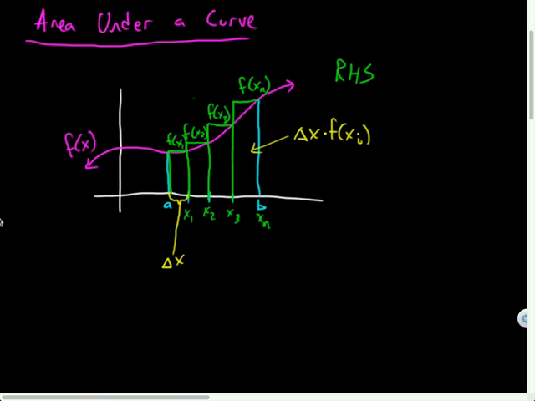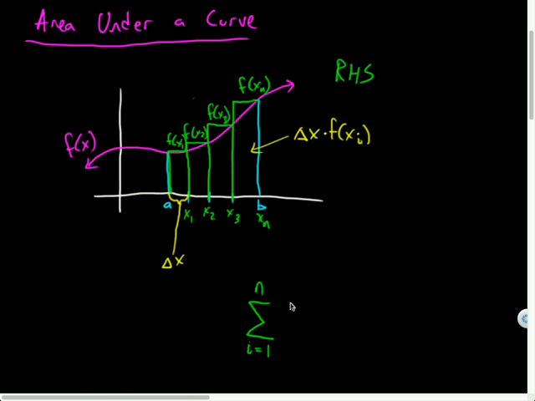Okay, so let's maybe draw out a rough idea of what that would look like. We're saying that we want to find the sum of all of these, right? So how would you represent that? That would be sigma. Maybe I'll write this in green. So the sum of those rectangles, we would have i equals 1 to n, so that I'm plugging in x sub 1, x sub 2, x sub 3, all the way to x sub n.